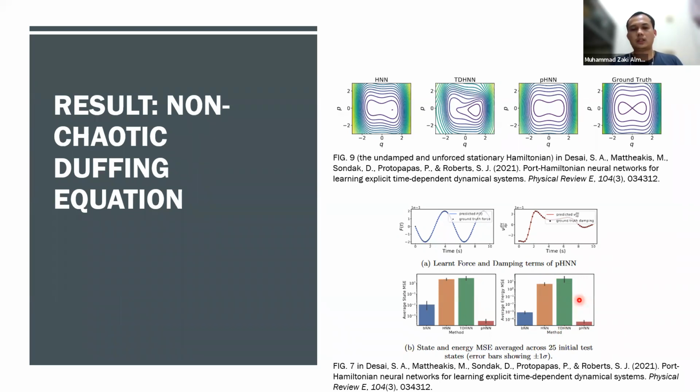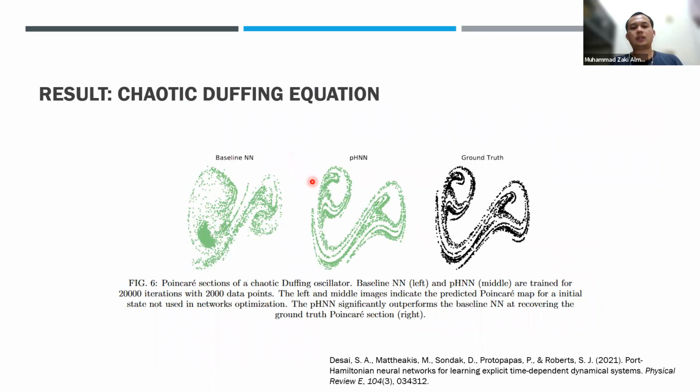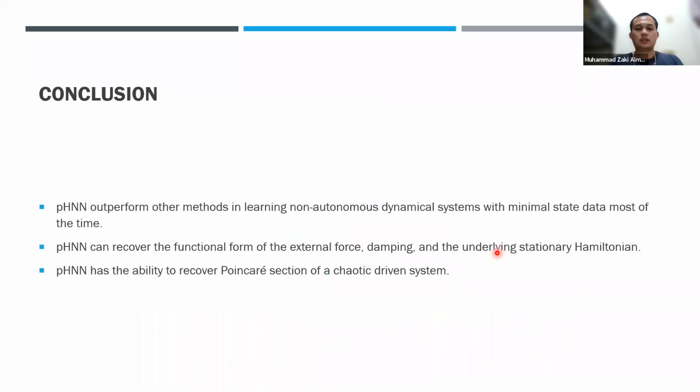For the chaotic setting, they only compare the baseline and the Port-Hamiltonian with the ground truth. They plot the Poincare section of the chaotic Duffing oscillator, and we see here that in the Port-Hamiltonian case, we can recover most of the ground truth data. And that is basically what I learned about this paper.